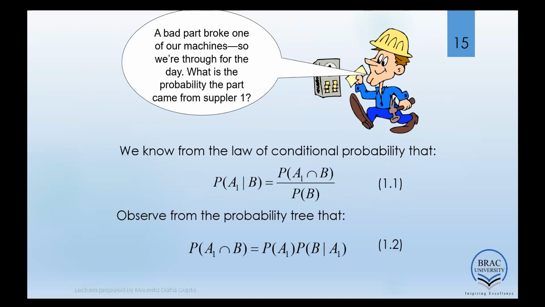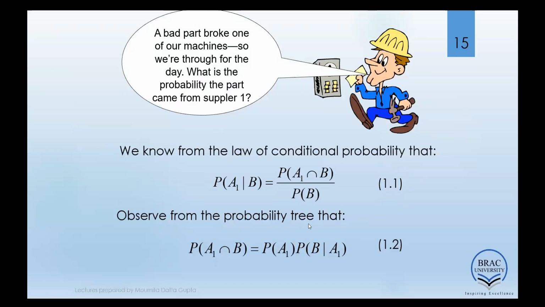So if you have a bad part, how can you find the probability of which supplier that bad part has come from? We already know from the law of conditional probability that probability of A1 given B is equal to probability of A1 and B divided by probability of B. Let's denote this as equation 1.1.